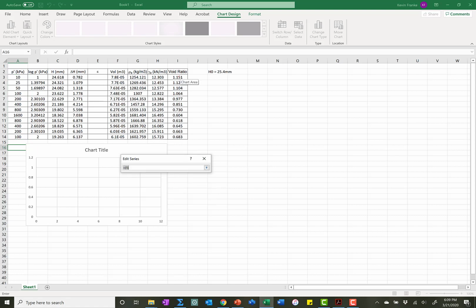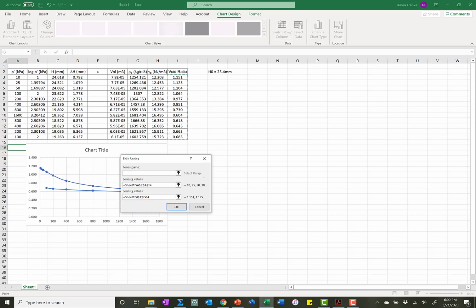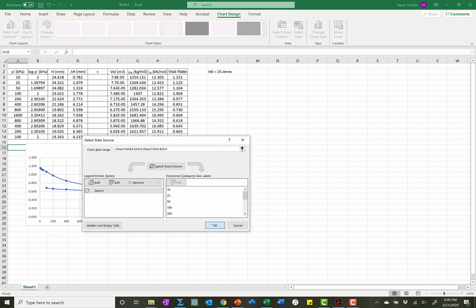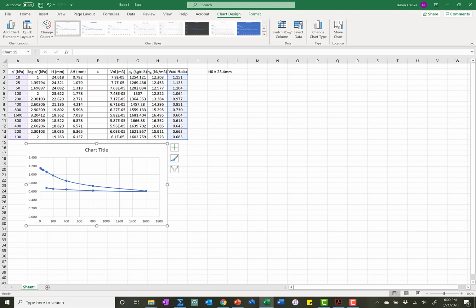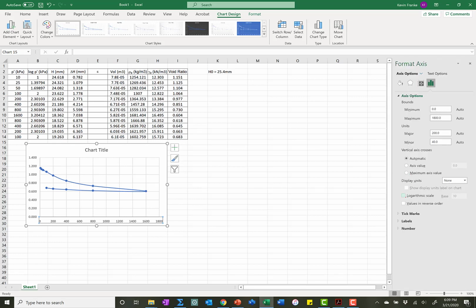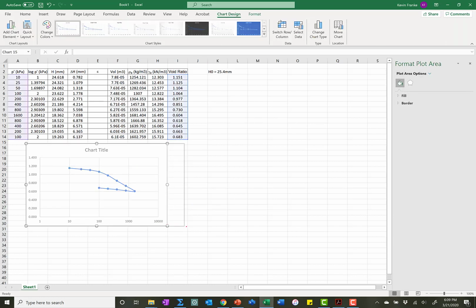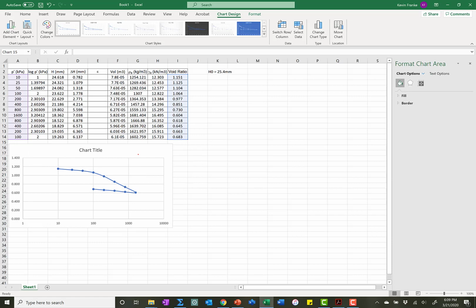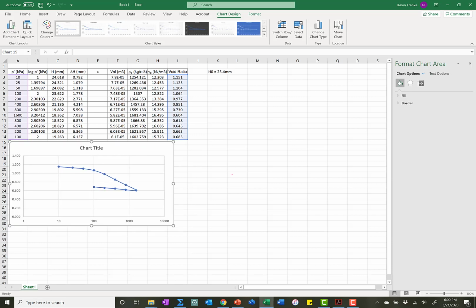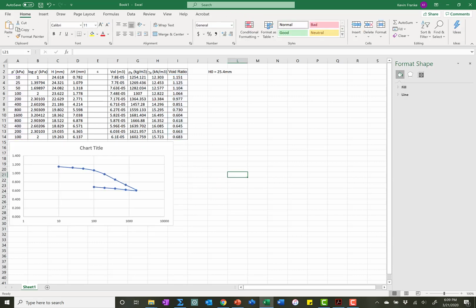And for Y, we're going to plot void ratio. It looks goofy right now, but once we format this axis and plot it on a log scale, it looks more like something that you're used to seeing. That's a traditional consolidation curve right there.